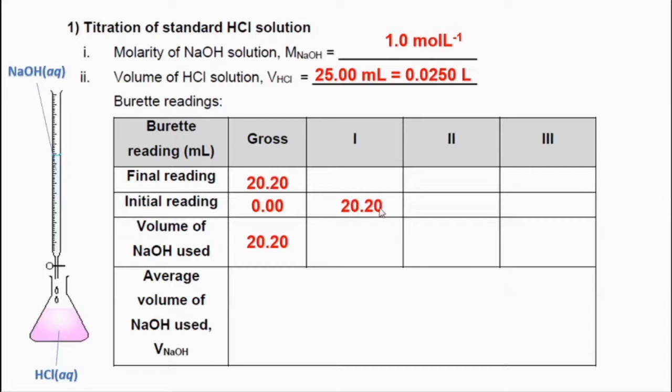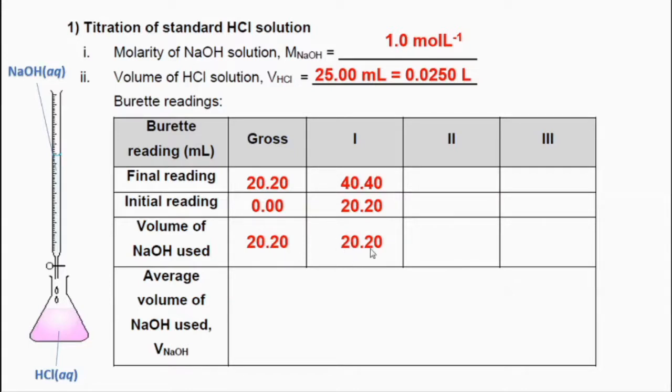We did the titration, and the color change from colorless to pale pink occurred at 40.40, and we stop the titration. The volume of sodium hydroxide used is also 20.20, quite consistent with the gross reading. The difference is less than 0.05.